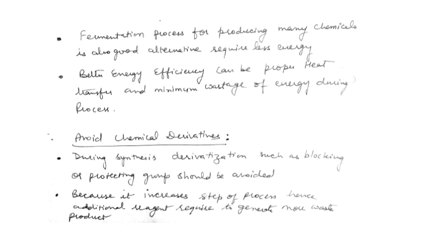If we go for the fermentation process, it also requires lesser energy. It is an alternative. So we want better energy efficiency for proper heat transfer and minimum wastage of energy during the process.